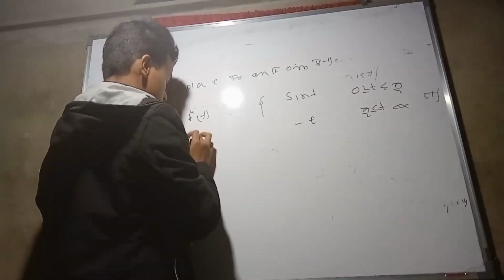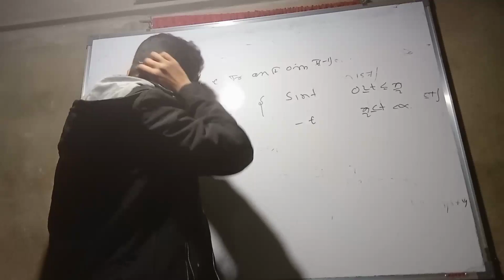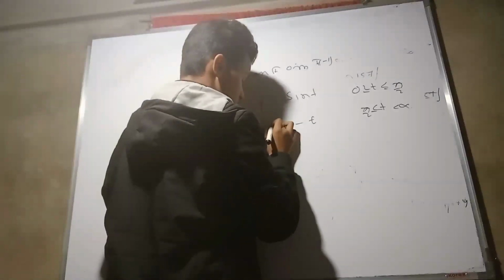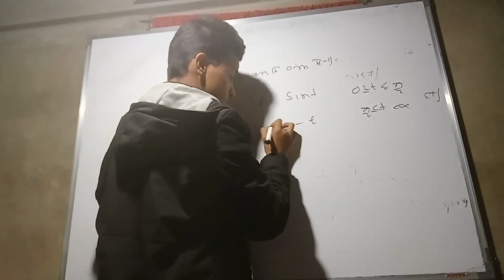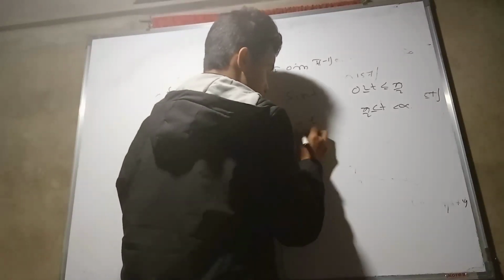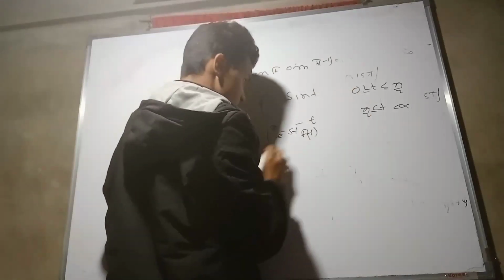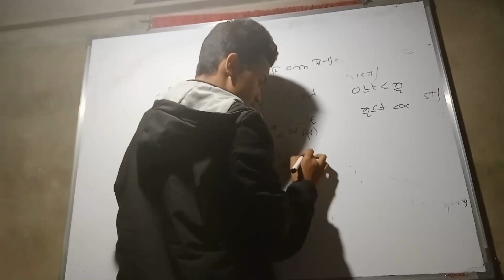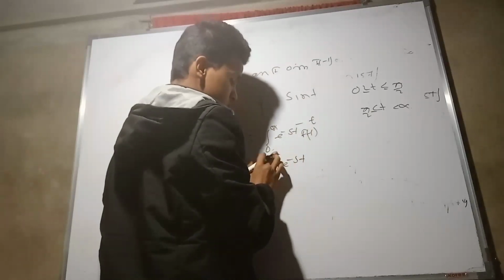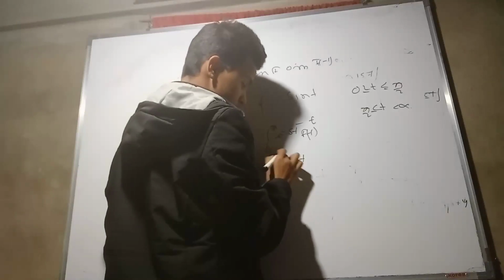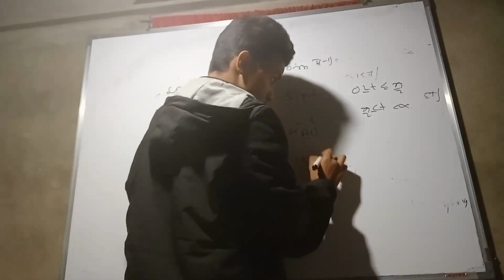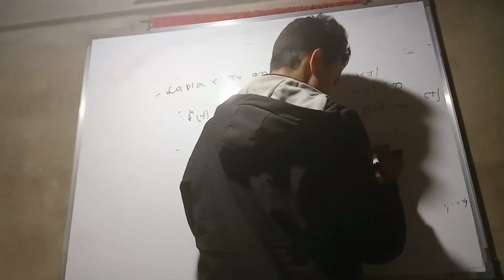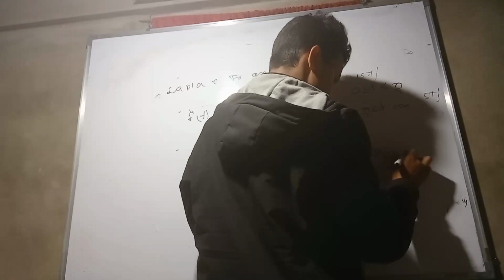So what can we do now? We know that Laplace transform of f of t is nothing but integral from 0 to infinity of e to the power minus st times f of t dt. Here we have it divided into two functions. So we break it down: integral from 0 to pi by 2 of e to the power minus st f of t dt plus integral from pi by 2 to infinity of e to the power minus st f of t dt.